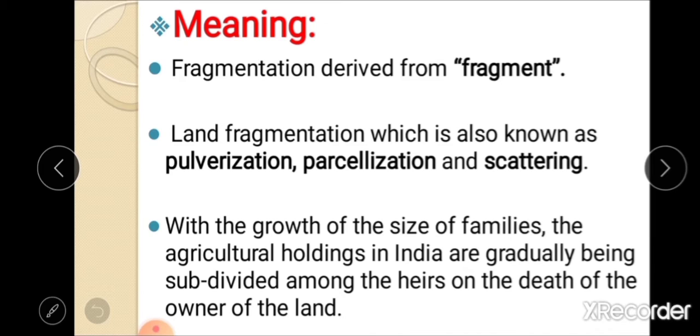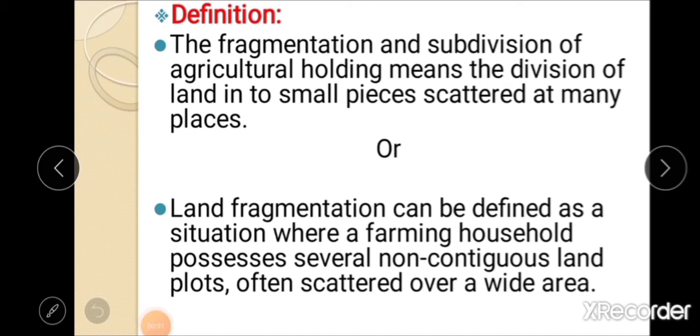Under such a situation, a member of the family gets one tiny plot at one place and another tiny plot at another place. This leads to the problem of growing subdivision and fragmentation of holding. It is observed in many countries around the world and it is often viewed as an obstacle to agricultural productivity and modernization. So land fragmentation is one of the major problems in agricultural productivity and modernization of agriculture.